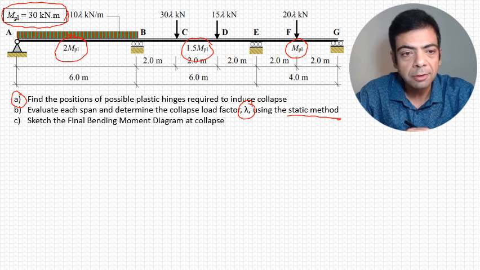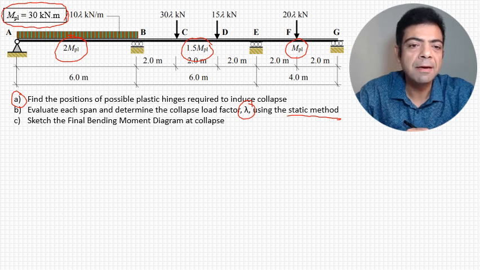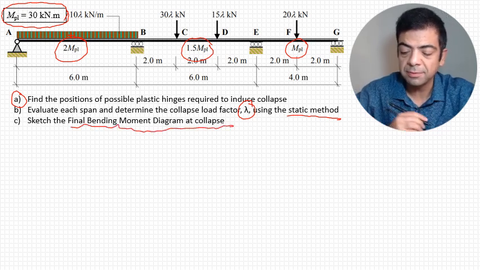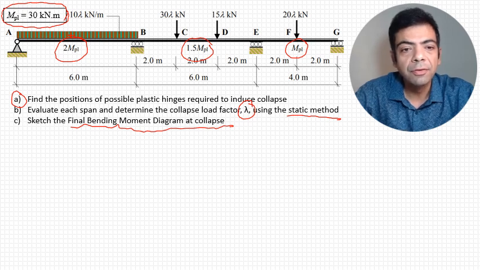And the third part of the question is to draw or sketch the final bending moment diagram at collapse. The last one is the easiest. So even though it's the last one, don't forget to answer this question.